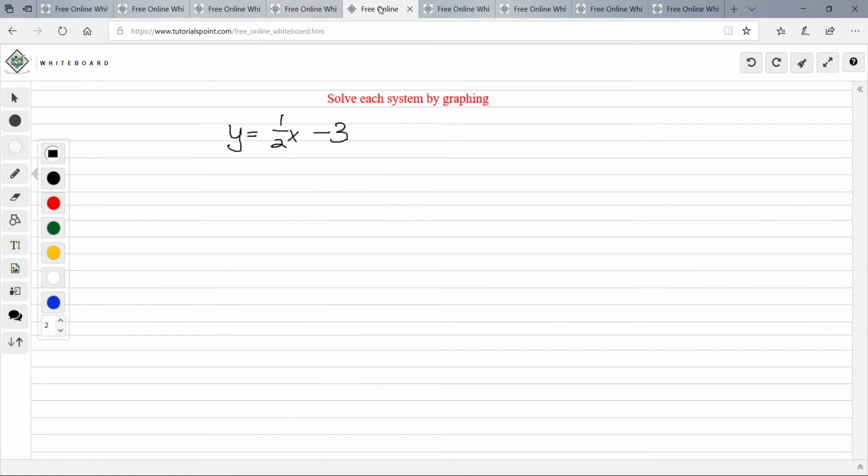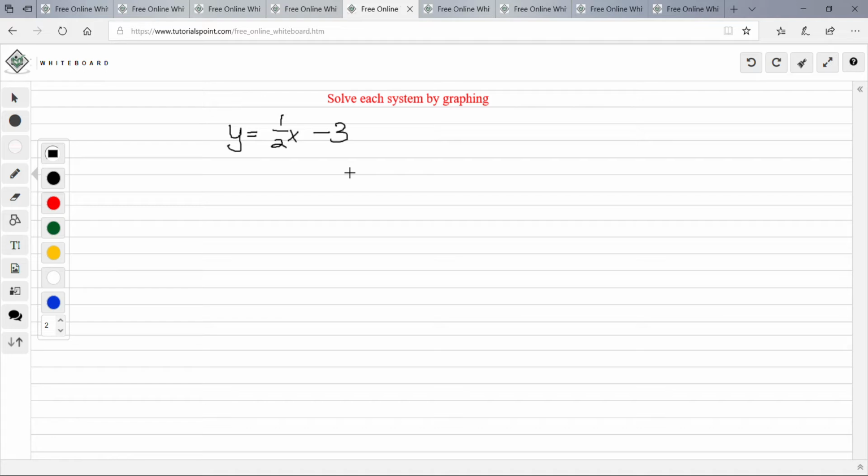Solve each system by graphing. There are two ways of graphing it. You could start at the y-intercept, which is at -3, and then go up 1, right 2.